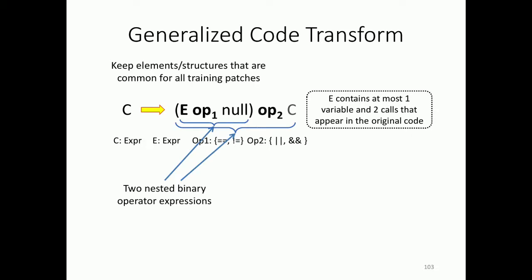At a high level, this generalization process keeps the elements and structures that are common to all 3 patches. Because there are always 2 nested binary operator expressions here, and there's always a constant null value in those 3 patches, it will discover this common structure and keep it, so it becomes part of the high-level action.